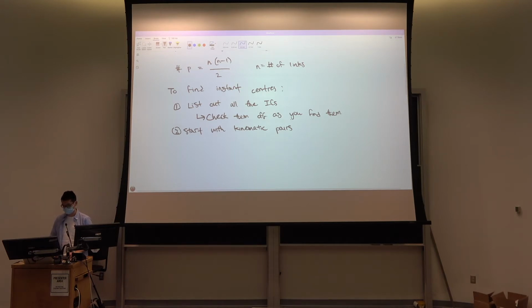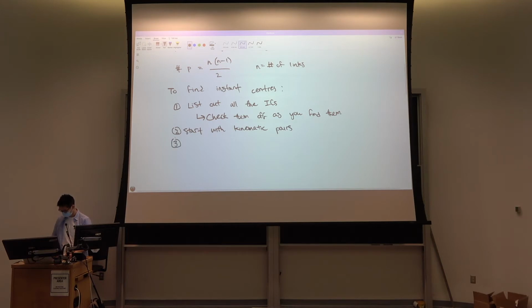Right off the bat, you can work through your mechanism, look at all the kinematic pairs that exist in that mechanism, and find the instant centers associated with those kinematic pairs. Okay, so that's step 2.